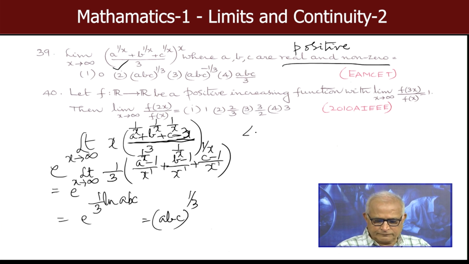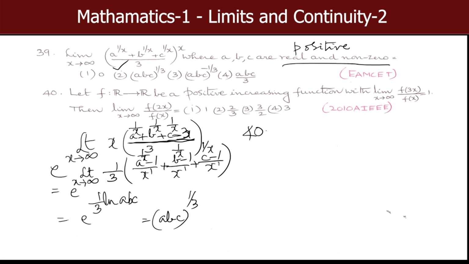40. f from R to R is a positive increasing function with the limit x tends to infinity f of 3x by f of x equal to 1. Then what is the limit of f of 2x by f of x as x tends to infinity? f is a positive increasing function.